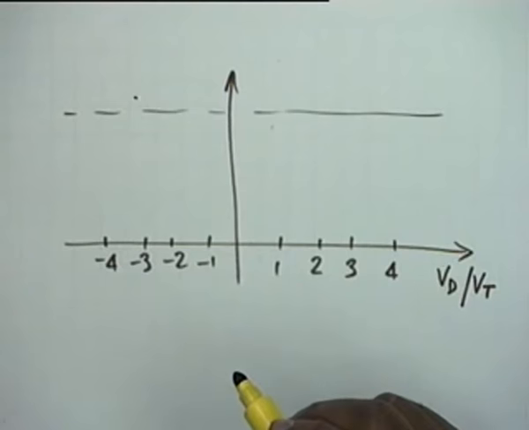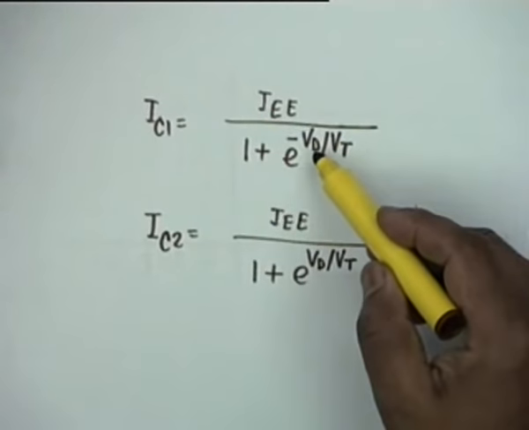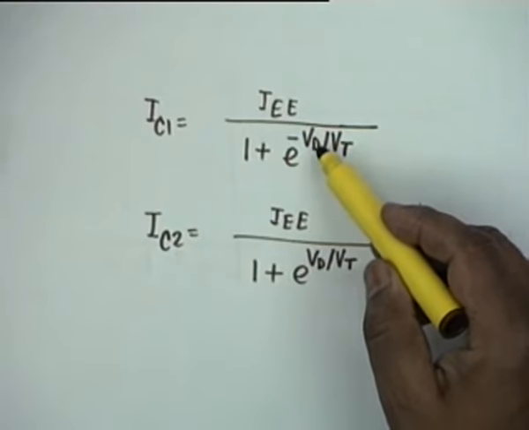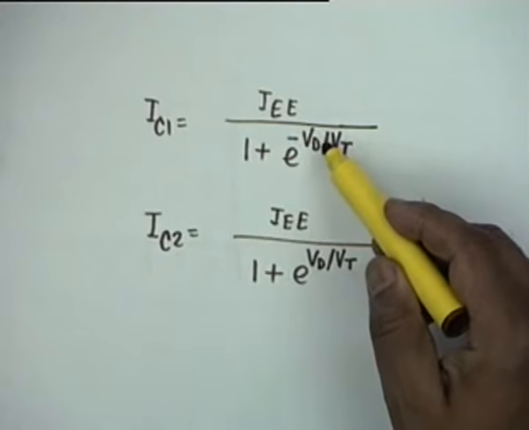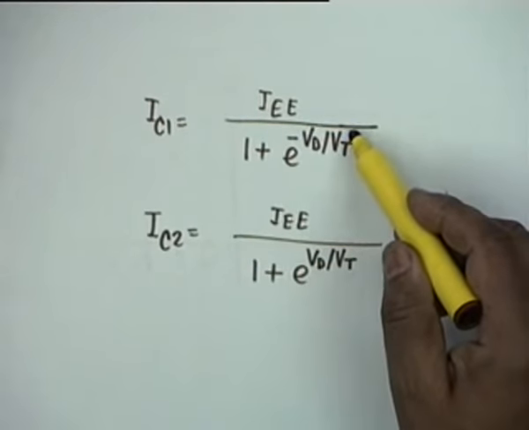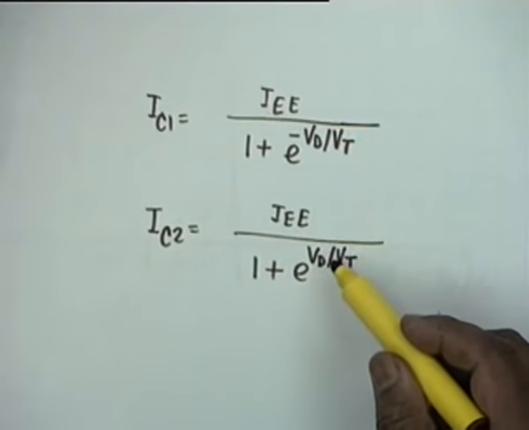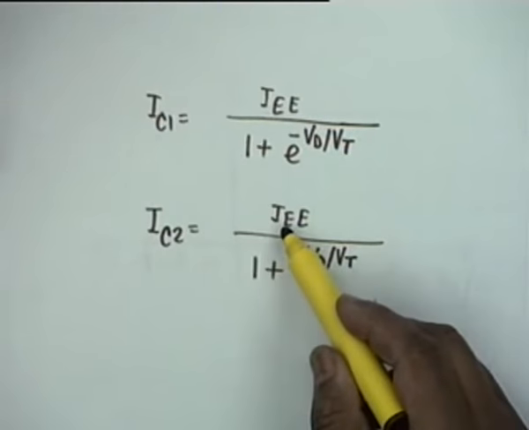What is the maximum value that IC1 or IC2 can have? IEE, isn't it right? Both of them. When Vd is very large, tending to infinity, then this term drops out and we get IEE. Similarly, when Vd is negative infinity, I get IC2 maximum as IEE.